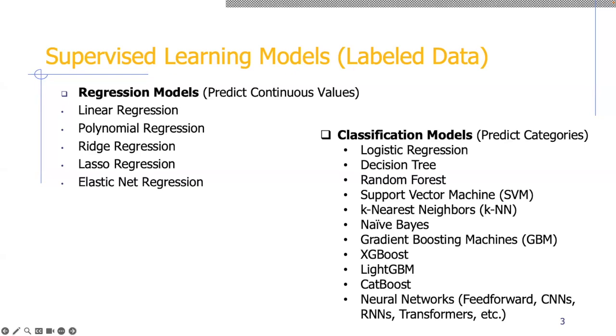Naive Bayes is a probabilistic classifier based on Bayes theorem, and so on. There are also much more advanced high performance methods such as GBM, XGBoost, and so on, and the neural networks, basically, that you use in deep learning.